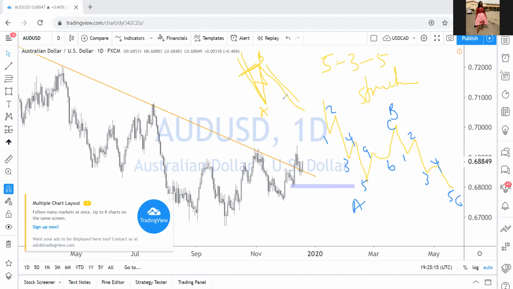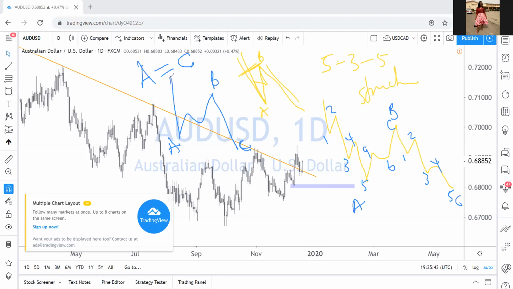Then the last rule that governs the formation of zigzag is that A must usually be equal to what? C. What do I mean? Look at this rule. You have impulse like this. You have three-wave pullback. After the three-wave pullback, what do you have next? You have boom to the downside. This is A wave ending here. This is B wave, B correction, three-wave pullback, and then this is C wave.